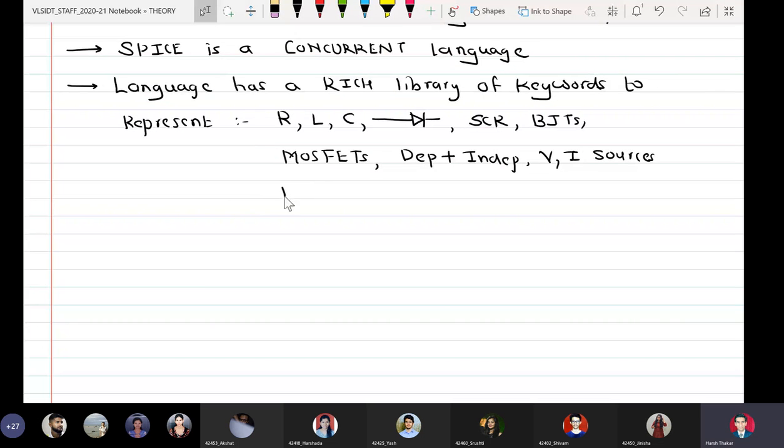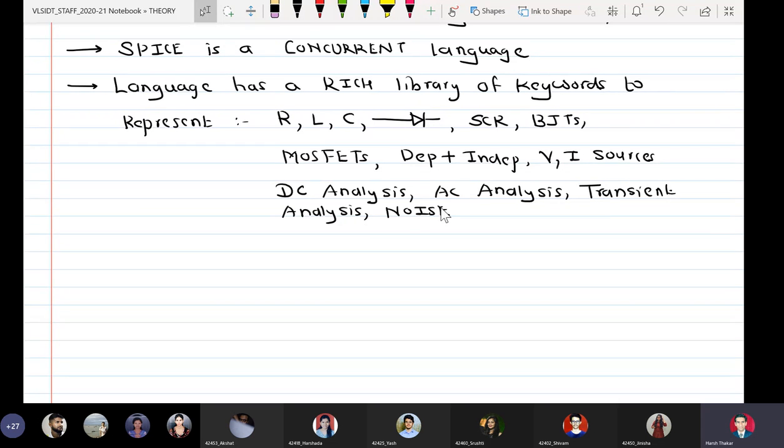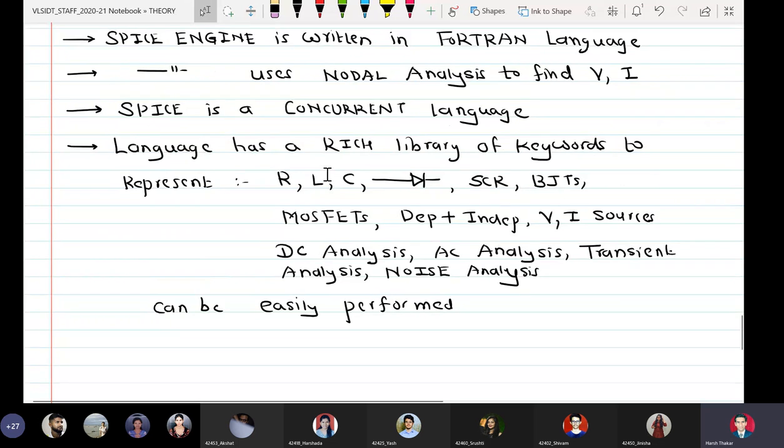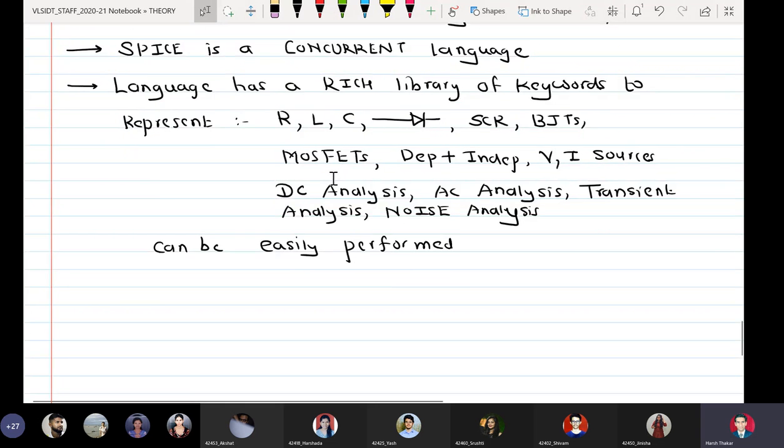Also DC analysis, AC analysis, transient analysis, and noise analysis can be easily performed. And how does it do such a great and wonderful job?